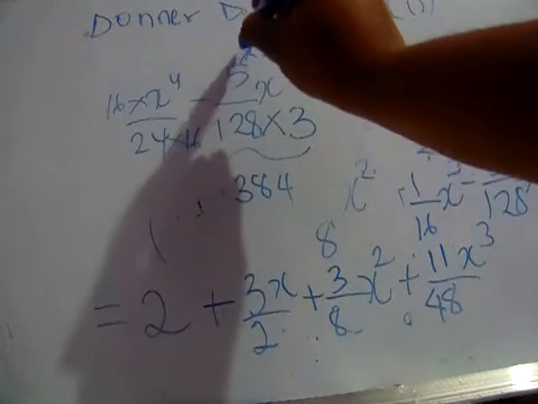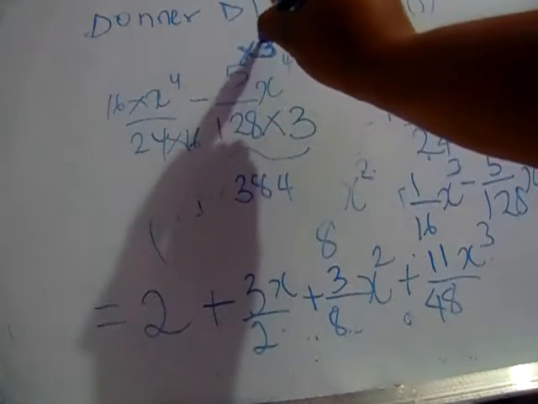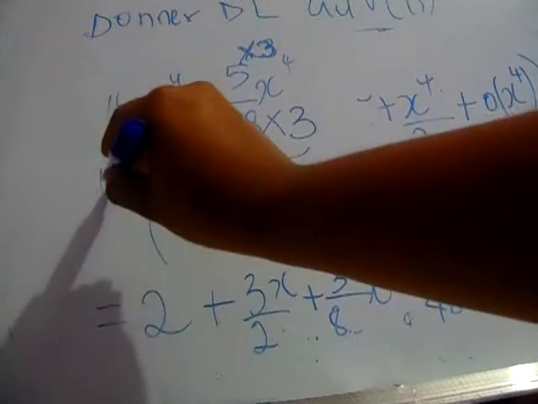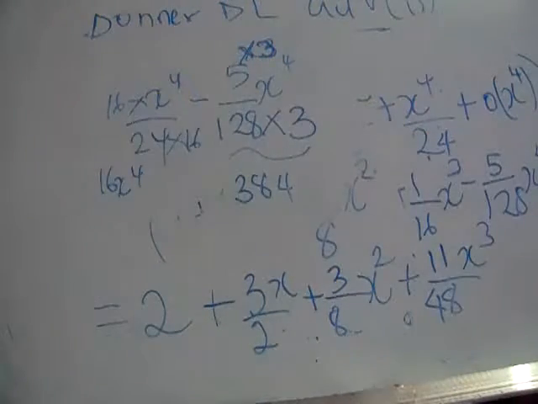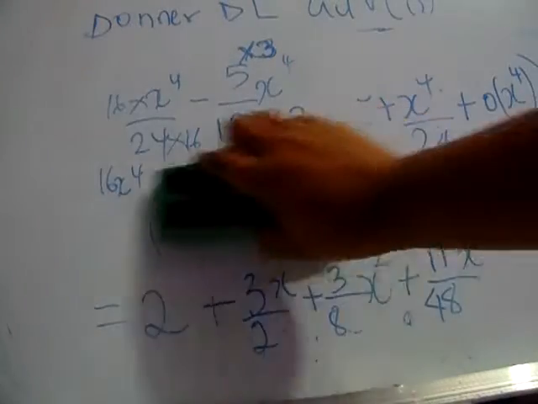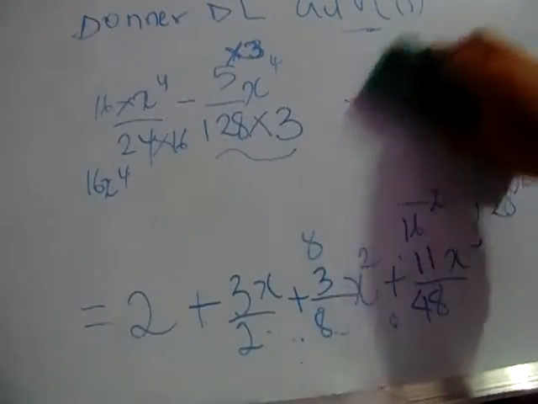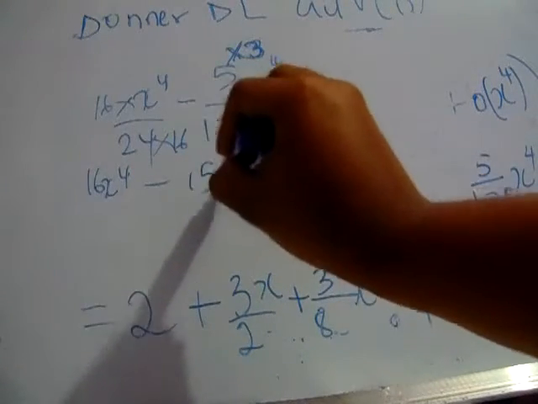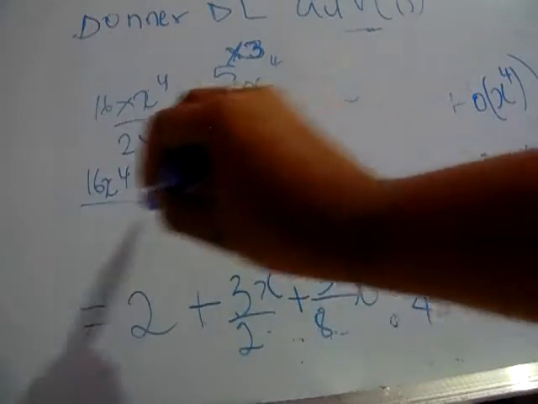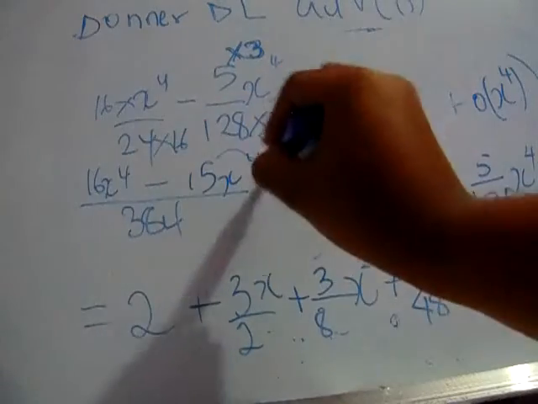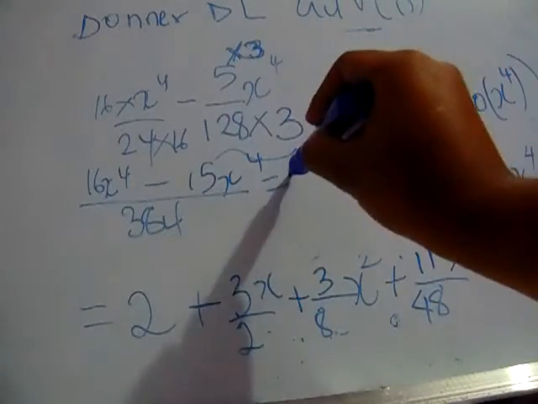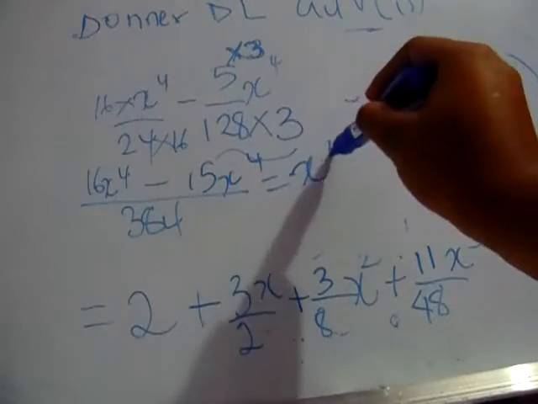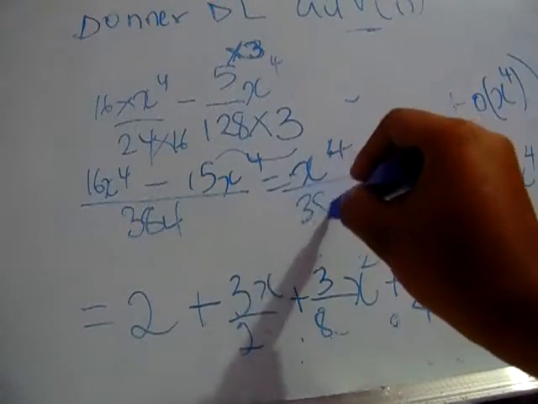Remember, this is times 3. So we are going to have 16x⁴ minus 15x⁴ over 384. So 16 minus 15, we are left with 1. So we are left with x⁴ over 384.